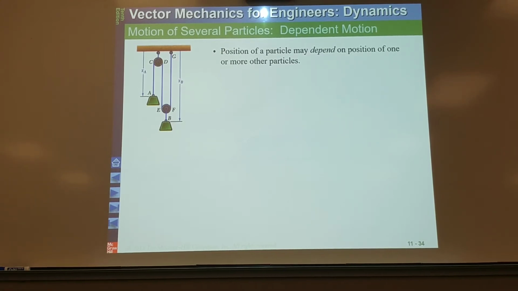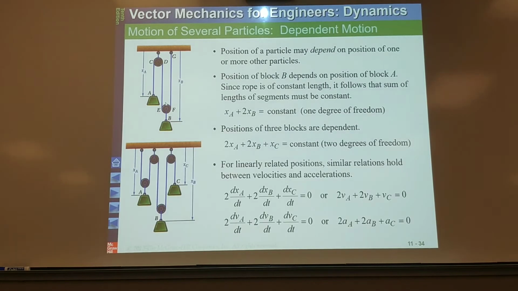So that's pretty much the gist of this dependent motion. So when you have multiple ones together, then it gets a little more complicated. You have to know 2 displacements or 2 velocities or 2 accelerations.